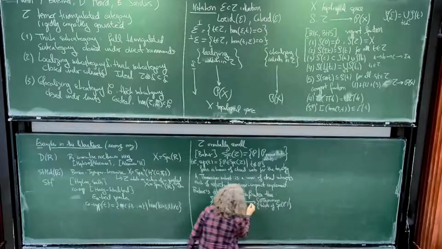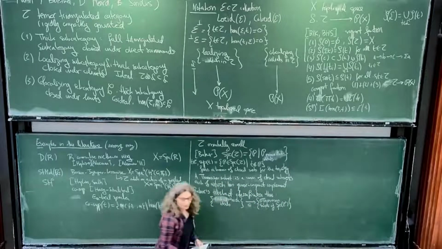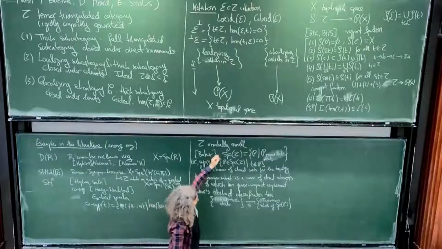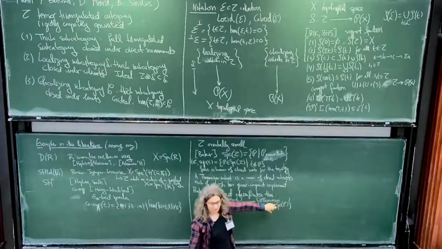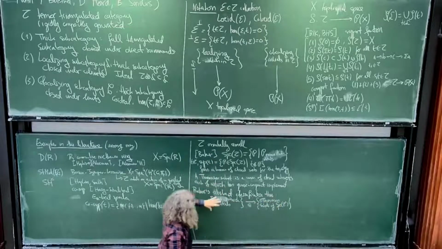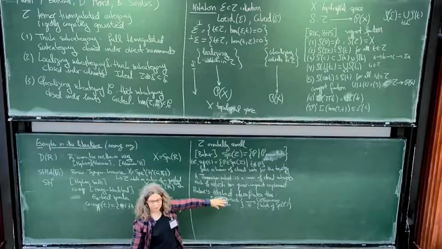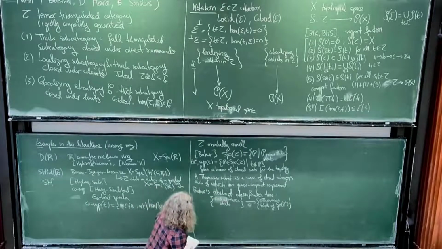So you can use this space to parameterize, using certain subsets, the radical thick tensor ideals in here.